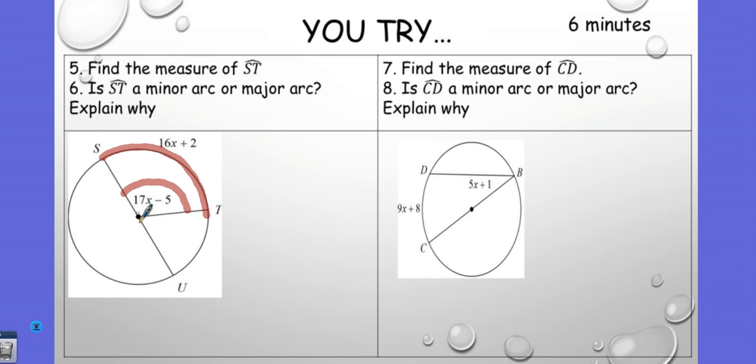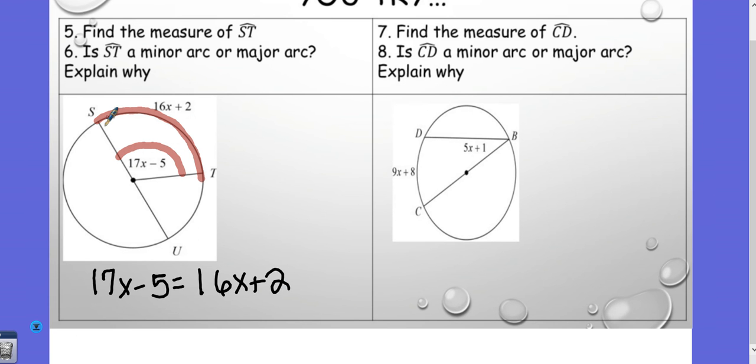So you know we have an angle being made with the center of the circle, and this is called a central angle. So in order to find that arc, we can set these two equations equal to each other because they equal. That's the definition of a central angle. The central angle equals its intersected arc, and this is the intersecting arc that matches that angle.